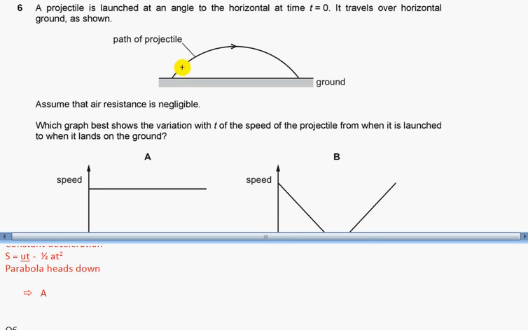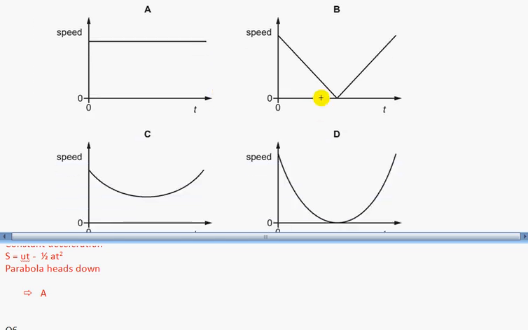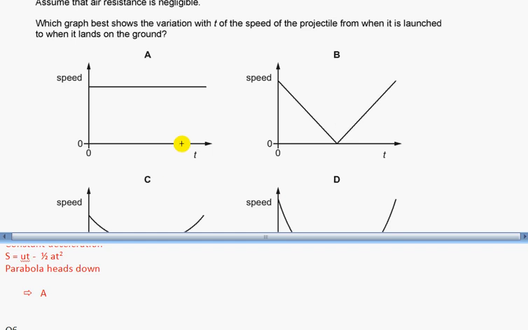Vertical first decreases and then increases. So first speed should decrease, not to 0 but to a value equal to the horizontal component, and then increase. So decrease, increase. We have B and D and C, but not to 0. We have that only in C, so we choose answer C.